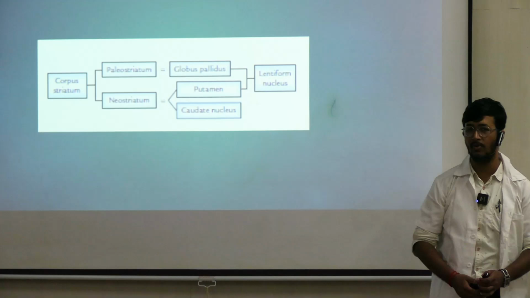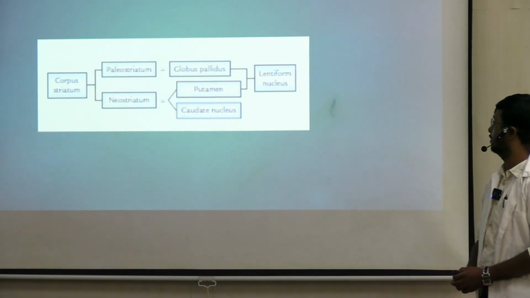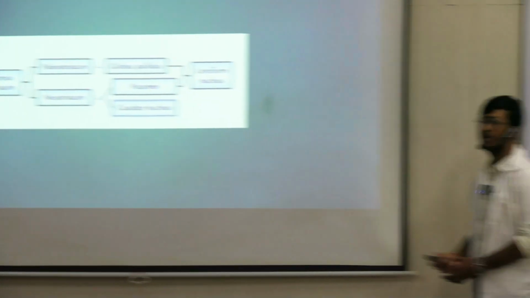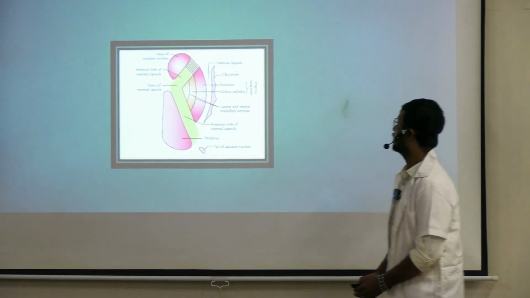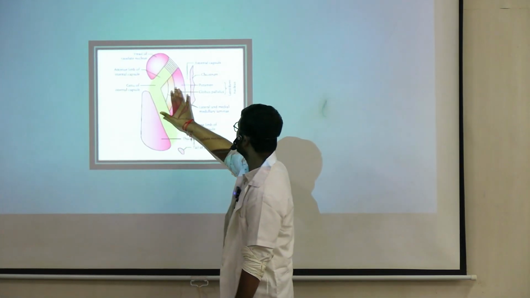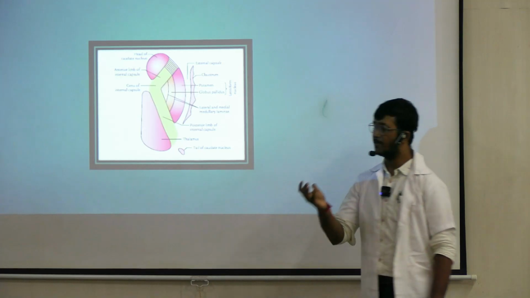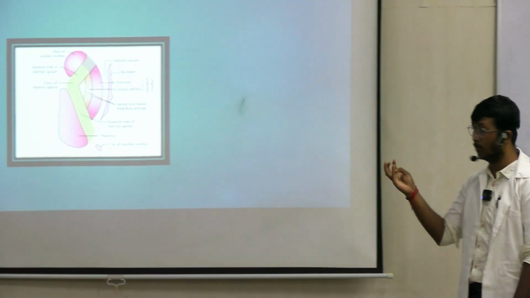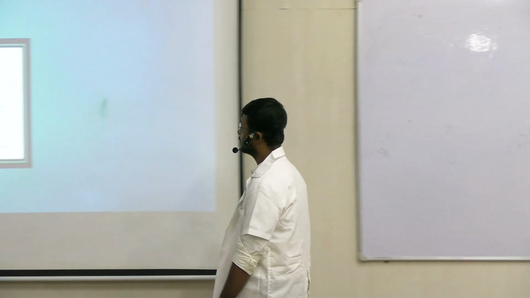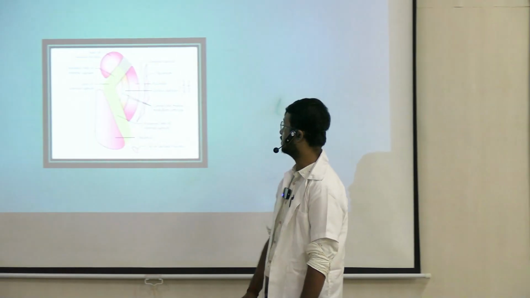This is for your memorization only, not that important. Now we came to know about the caudate nucleus, putamen, globus pallidus, then the subthalamic nucleus and substantia nigra.